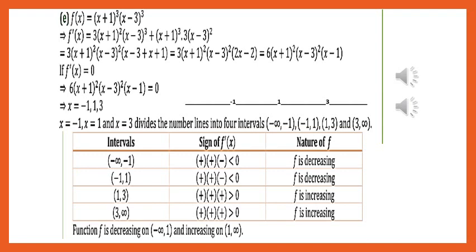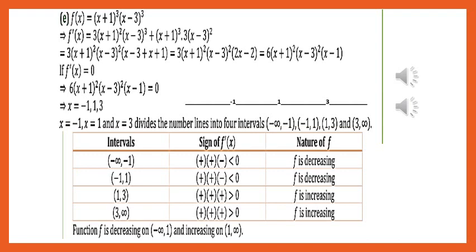That is x raised to n form. So 3 into x plus 1 whole square into the derivative of x plus 1, that is 1 only. Then v is x minus 3 whole cube. So u dash v plus u, x plus 1 whole cube, into v dash, the derivative of x minus 3 whole cube, that is 3 into x minus 3 the whole square.